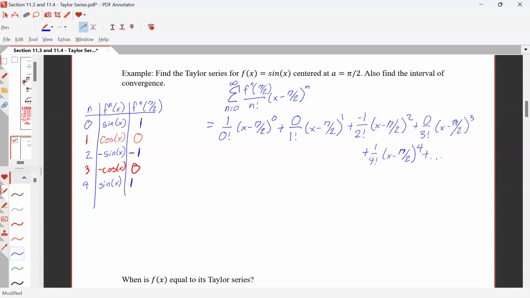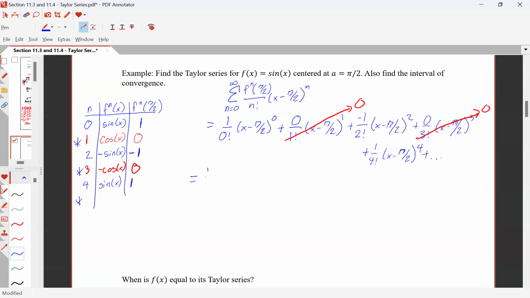However, every other term, specifically every odd term, is going to be 0. So this is 0. This is 0 because those derivatives are 0.